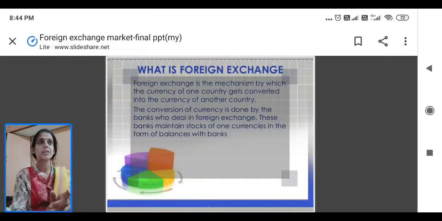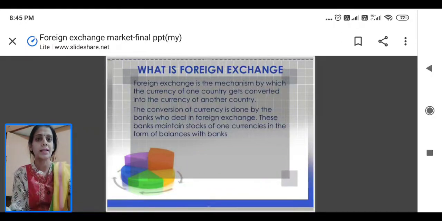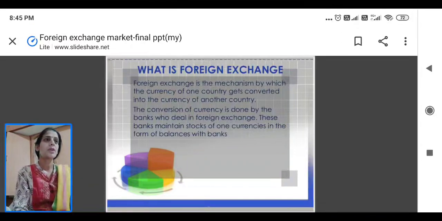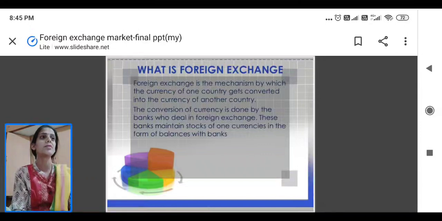I can tell you one thing: foreign exchange is nothing but exchanging your domestic currency with different countries' currencies. So let us see what exactly foreign exchange is. Foreign exchange is the mechanism by which the currency of one country gets converted into the currency of another country. For example, you need to travel, or you need to buy certain products from different countries.